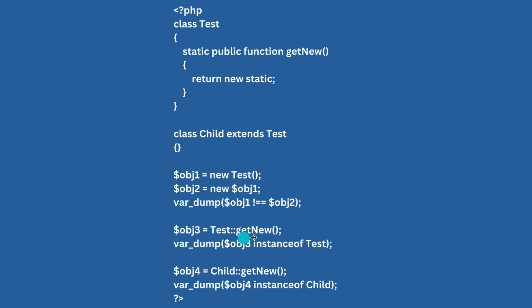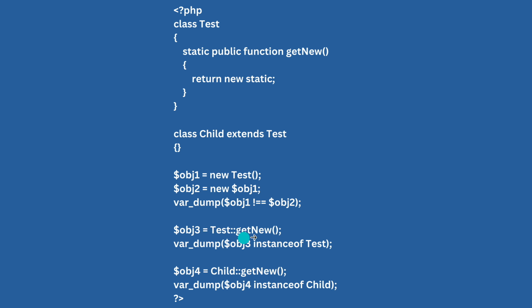So where is the child? This is the extended one, right? From the extended one, you can also call the static functions. We'll see this in detail in the next slides, so bear with me.